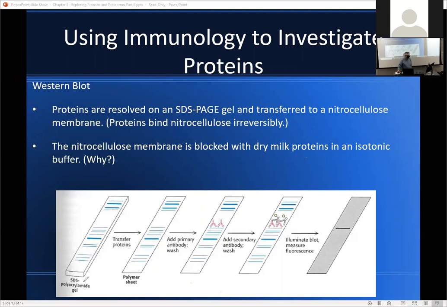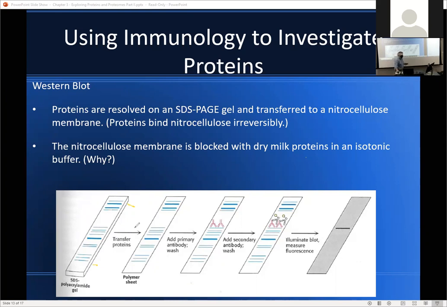Okay, so the first thing we want to do, we have our polyacrylamide gel, we've run out the proteins. So we have largest proteins on the top, smallest proteins on the bottom. In order to do a Western blot, we have to take the proteins on that gel and transfer them to a nitrocellulose membrane. Typically we'll take a nitrocellulose, cut it to the correct size, put it right against the polyacrylamide gel, and then there are some special machines that use electrophoresis to transfer the proteins from the gel to the nitrocellulose membrane.